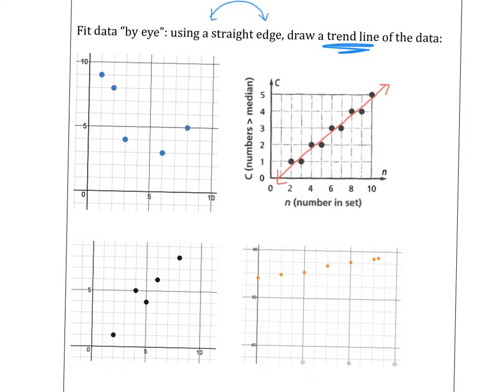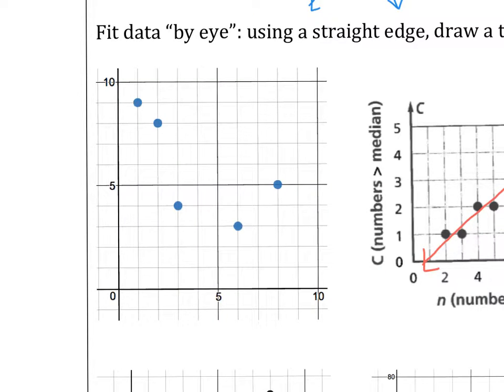Your best fit might not be the best fit. So we're just going by eye to figure out stuff. And notice I'm making it go that way. Now this might be a little bit off, because when I consider this, I have 1, 2, 3 above and 2 below. So maybe adjusting it slightly more.